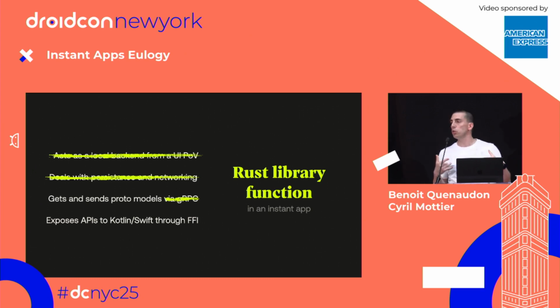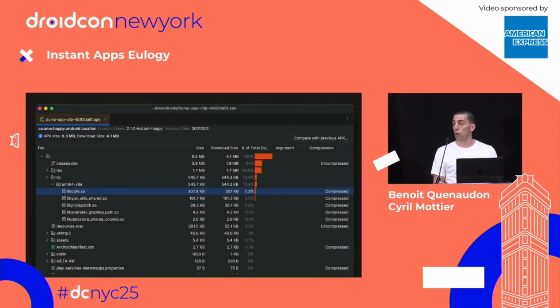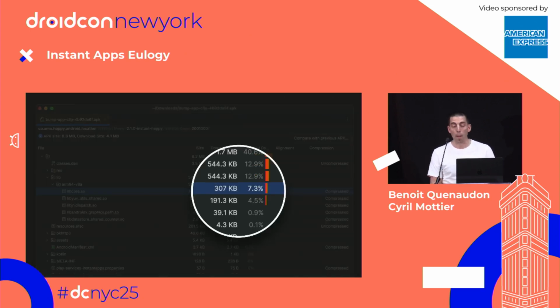And so what it's doing is just getting a byte array from the UI that is just the response from a call that we do from the UI, and it maps that to the UniFFI or the FFI object that we already have everywhere in the code base. So it just simplifies all of that, just mapping proto models to the FFI models that we have in the app. And by doing so, we actually reduce the SO file by a lot, because now it's not 18 megabytes, it's just 300 kilobytes, okay? Which makes it completely possible to create an Instant App.